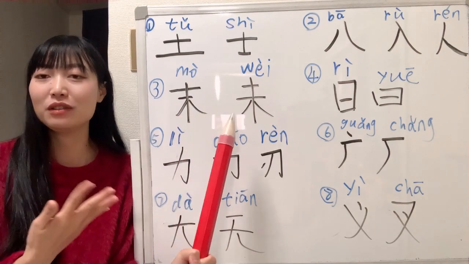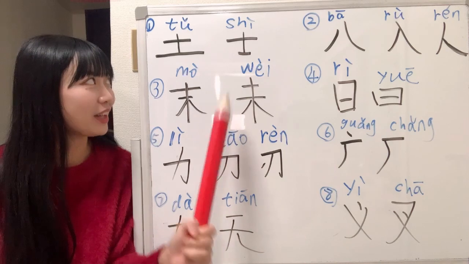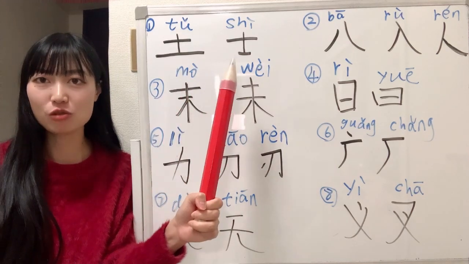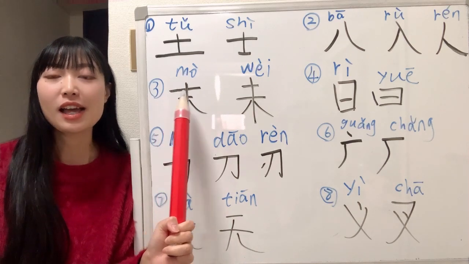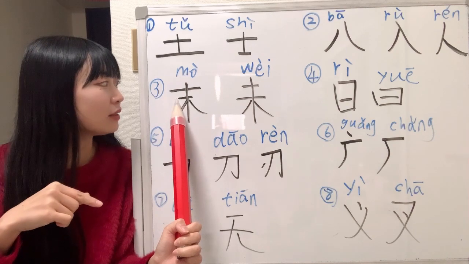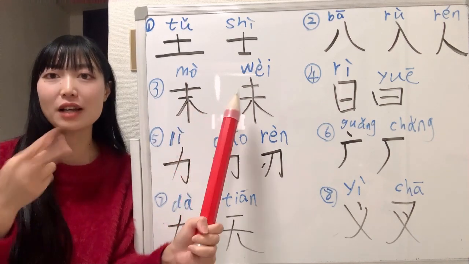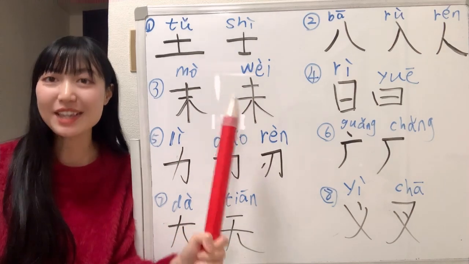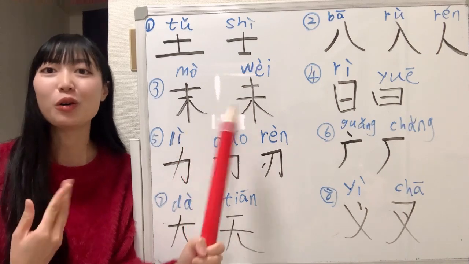They have totally different pronunciations, and the difference between them is similar to 土 and 士, just the length of the line. The up line is longer than the down line, this is 末. If it's opposite, it's 未, the future. This means the end, 末. 未.